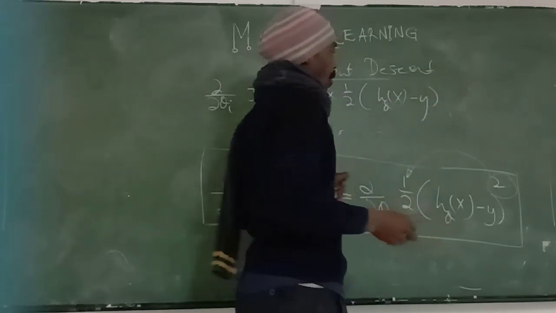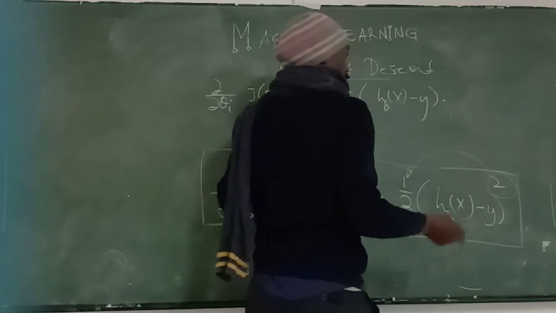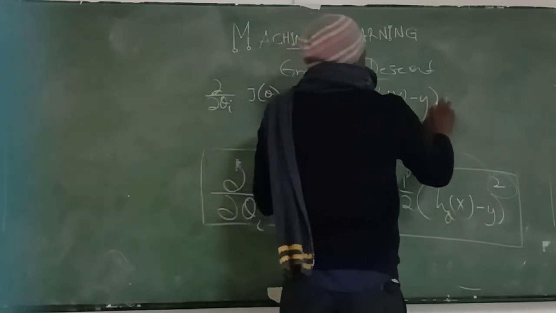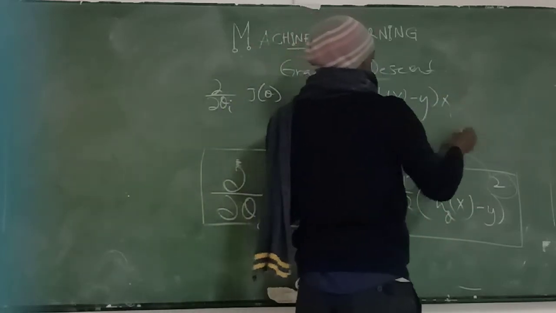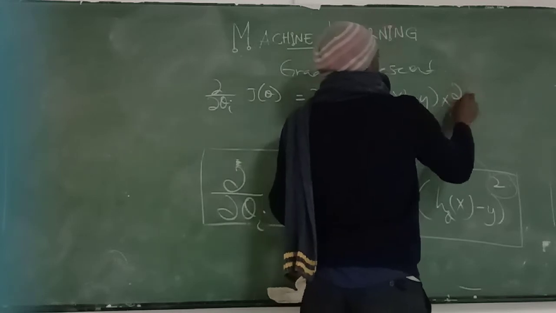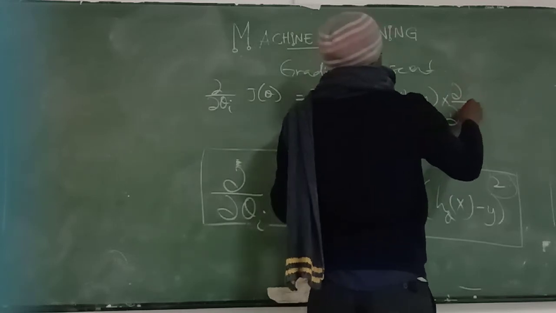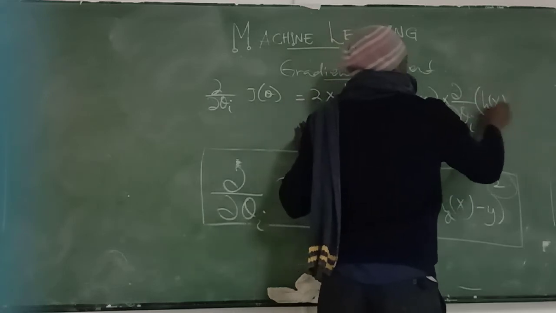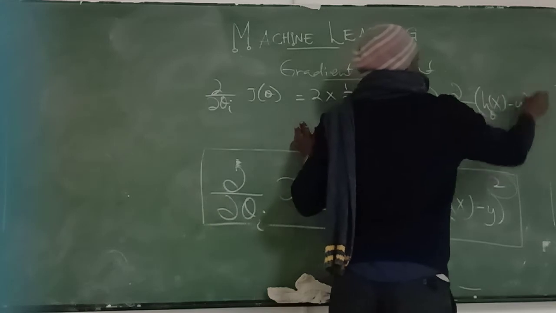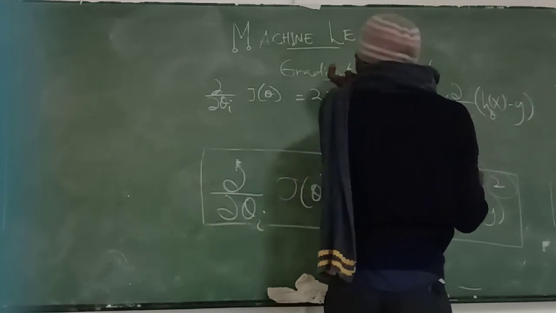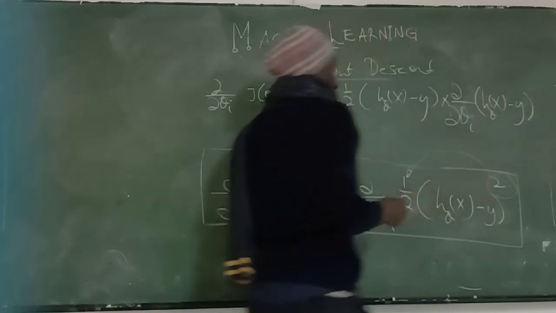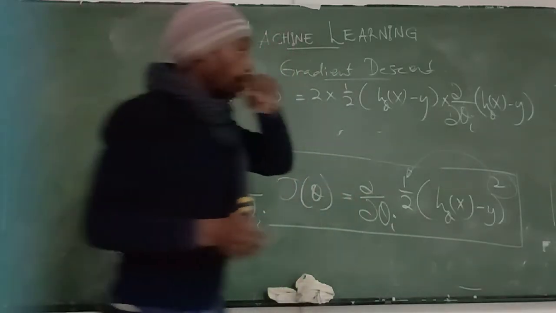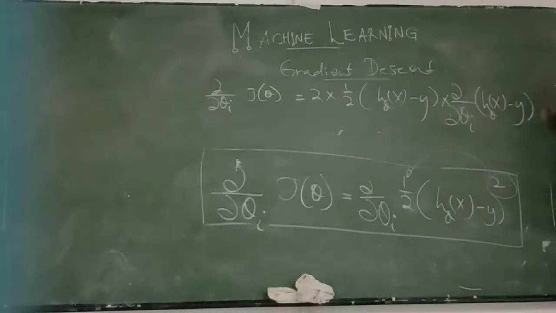So we're basically taking a 1 there. Then this is multiplied by the derivative with respect to theta i of the difference between the estimated price and the actual price.